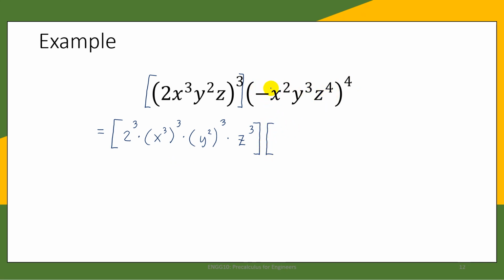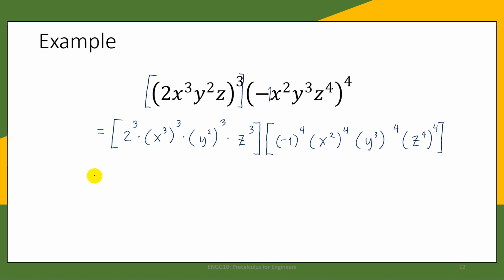Remember, this one has a constant of 1. So when we have negative 1 here, so negative 1 raised to 4, and then x squared raised to 4, and then y raised to 3 raised to 4, and then z raised to 4 raised to 4.